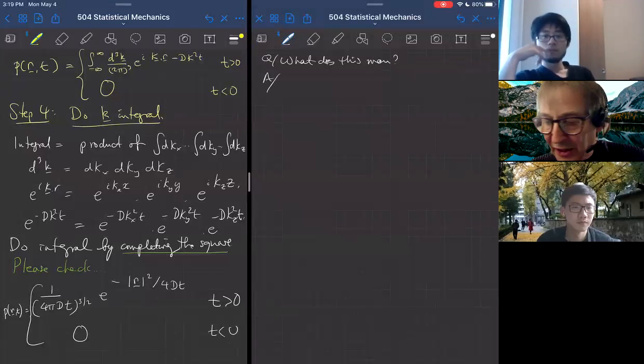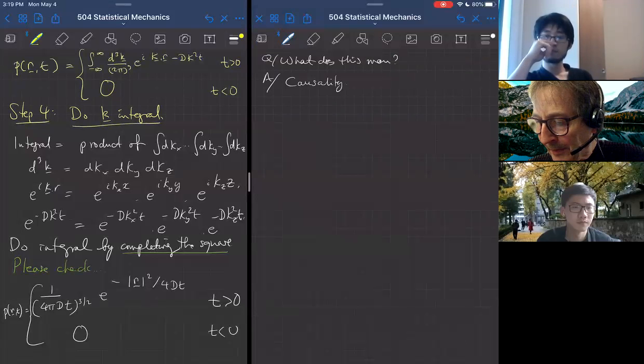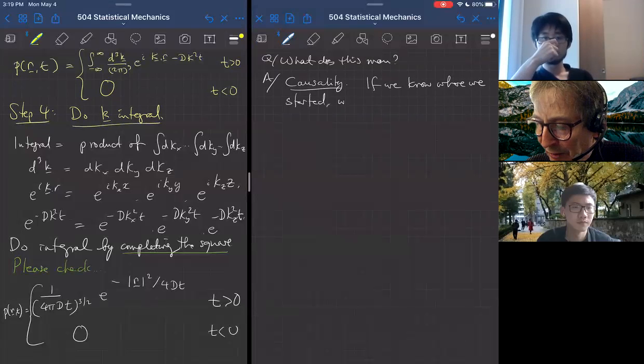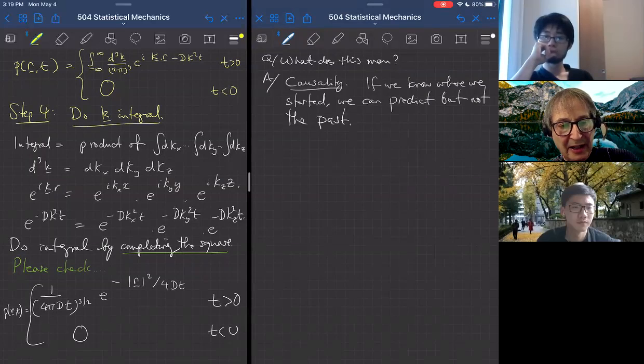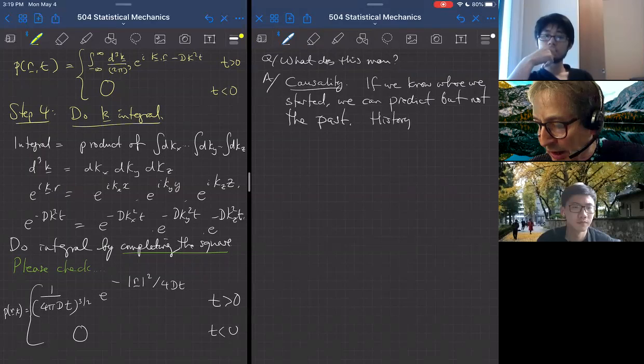And the answer is, it shows you that we have causality. In other words, if we know where we started, we can predict the future, but not the past. And so the history is uncertain, is not unique. History is not determined.